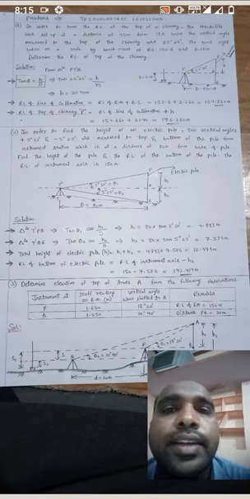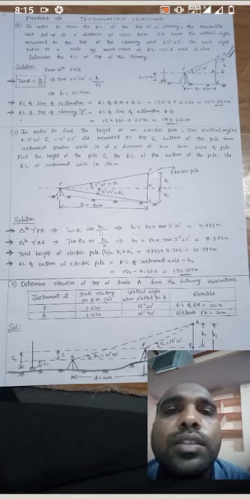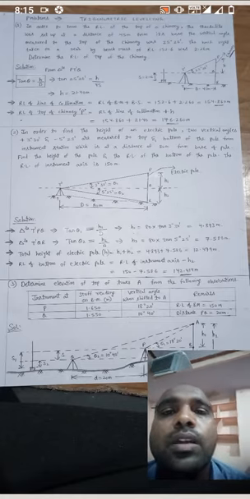The backsight taken on a nearby benchmark of RL equal to 52.6 was 2.26 meters. Determine RL of top of the chimney.